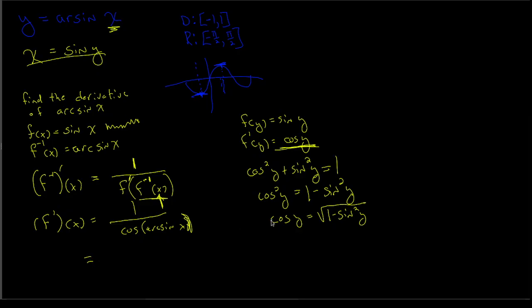And then we're going to use this definition of cosine. So this becomes 1 over the square root of 1 minus sine squared of the arcsin of x. And we'll transfer this over just a little bit here.